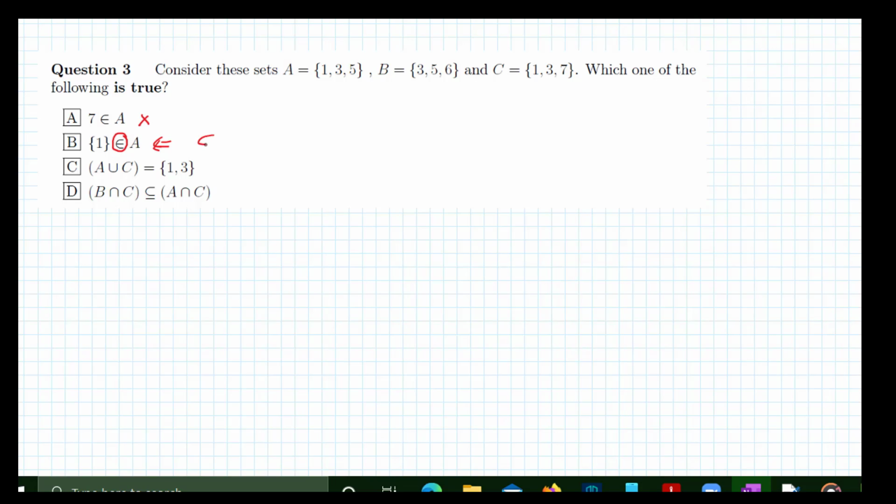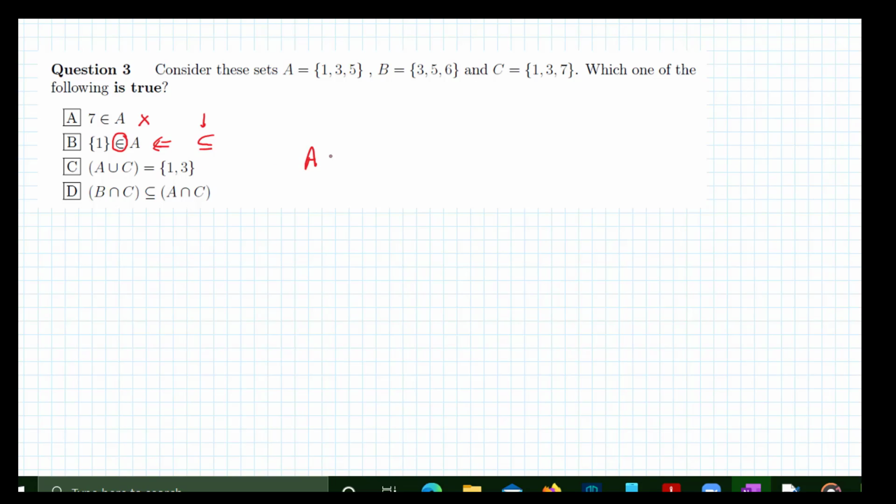Instead, we must use subset, since we have to compare here between two sets. As you see, 1 is between two brackets, so here 1 is not a number, so it's not an element, but here we have the singleton 1, which is considered as a set, so that we have to use subset instead of belong.